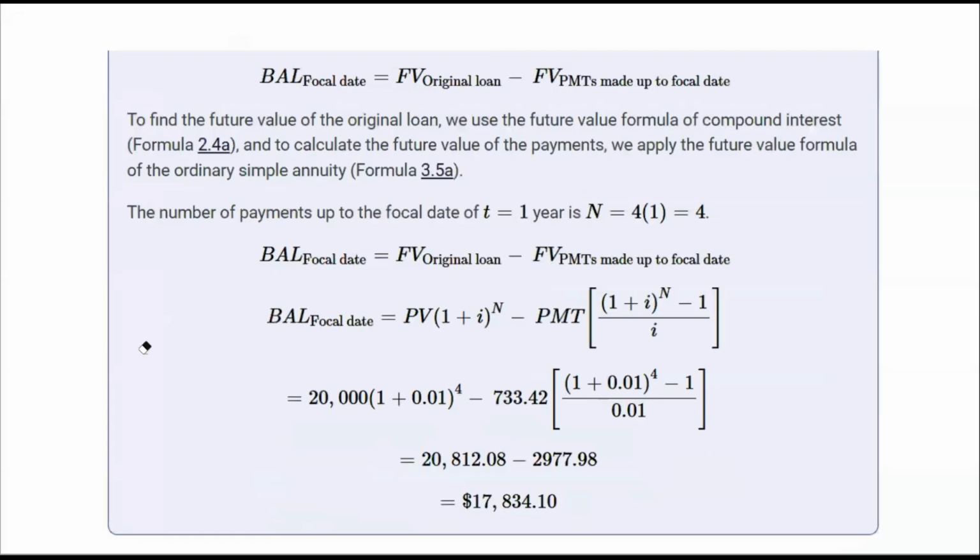After 1 year then, what do you owe? So their loan, notice, they're calculating it here. The balance after 1 year, the 400, equals the future value of the loan minus what you have paid them.